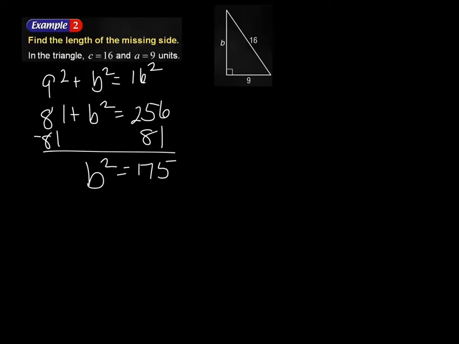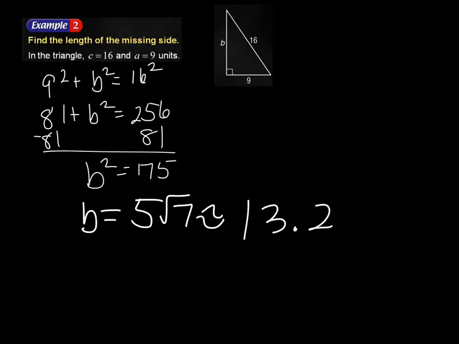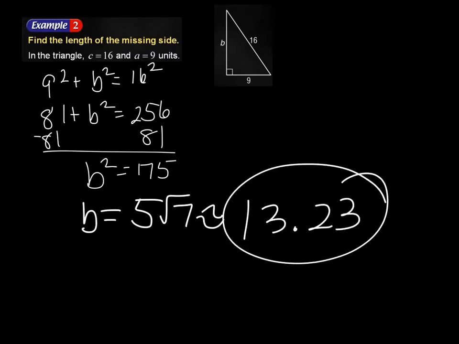We take the square root of both sides. On my calculator, I get exactly 5 square root of 7, but our directions tell us to round to the nearest hundredth if necessary. So that is about 13.23. I guess I can label it units for lack of a better name.